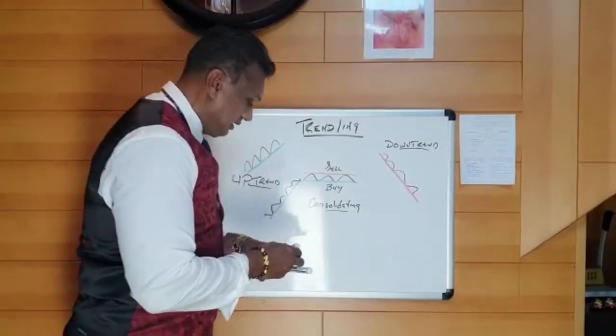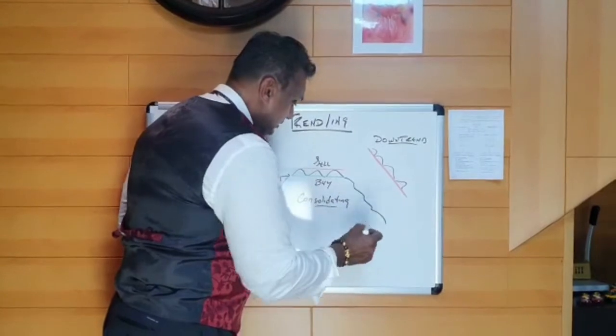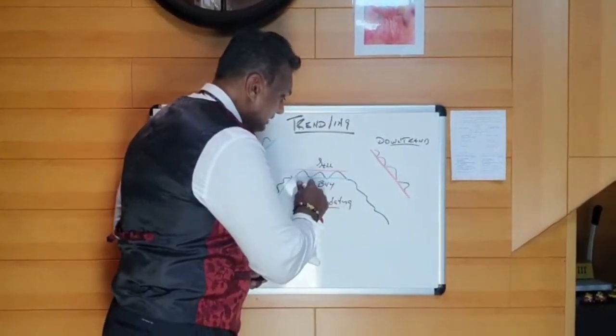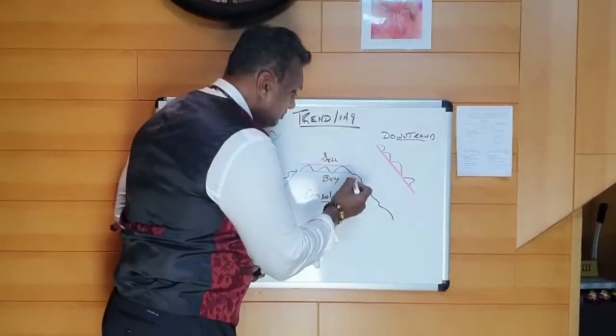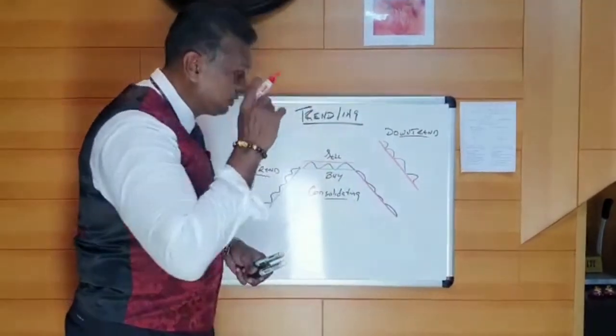However, when the market starts going down, in this case like this, you see it would have broken this bottom green line and started moving downwards. Then here you have it, a downtrend.